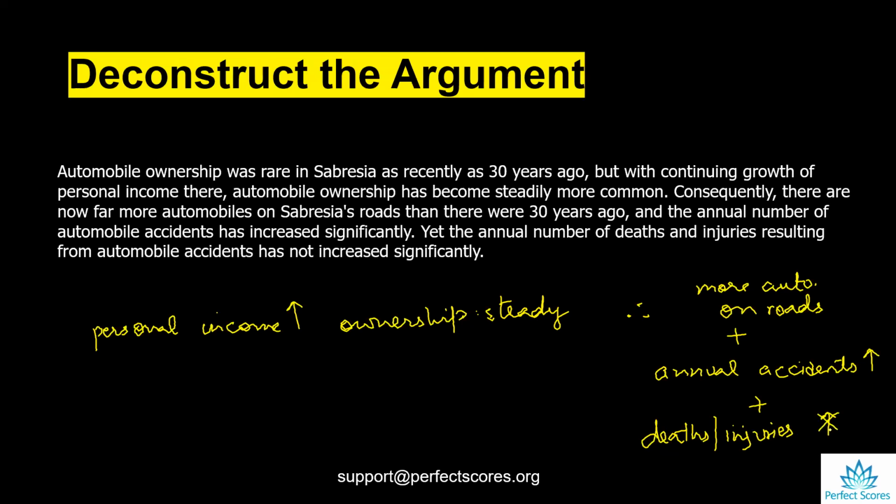Okay, so what do you think is the conclusion here? Is there a clear conclusion? Well, the number of cars on the roads and the ownership has increased, but the total amount of injuries and deaths have not.